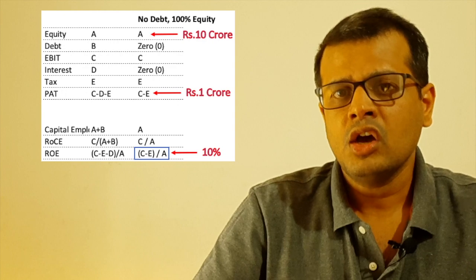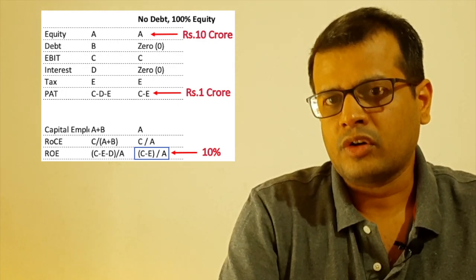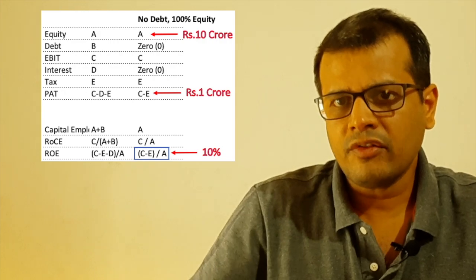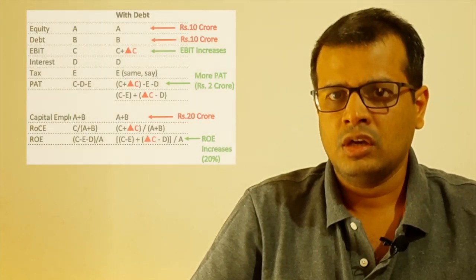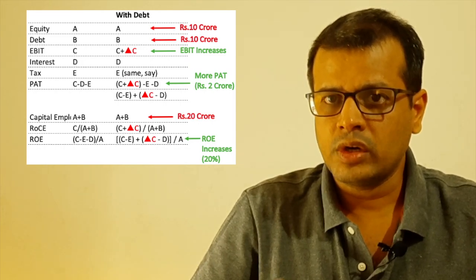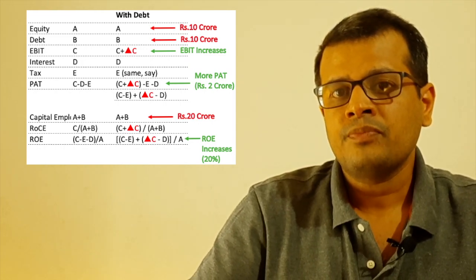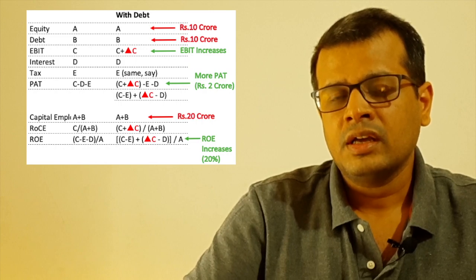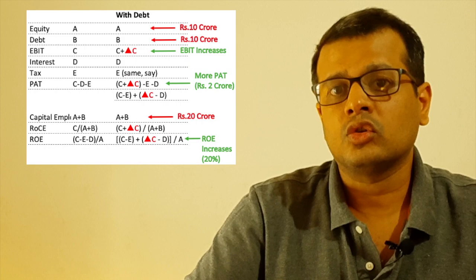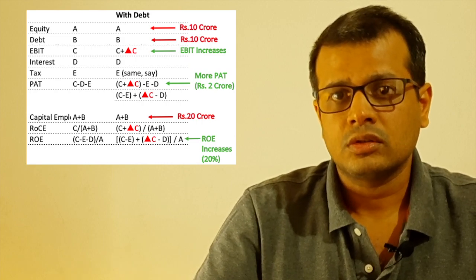Suppose initially you were making 1 crore profit with 10 crore equity. Now you have 10 more crores as a loan. So the employed capital is 20 crores, and suppose your net profit has increased from 1 crore to 2 crores.